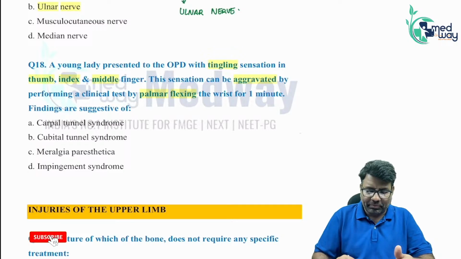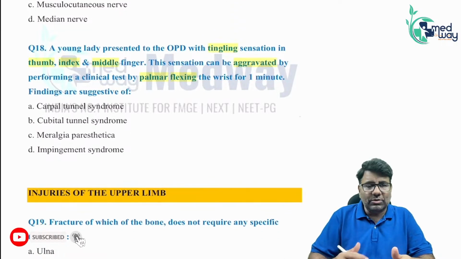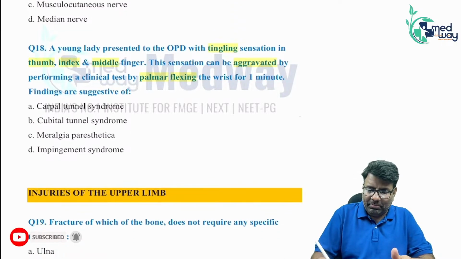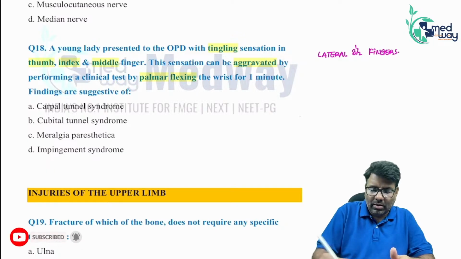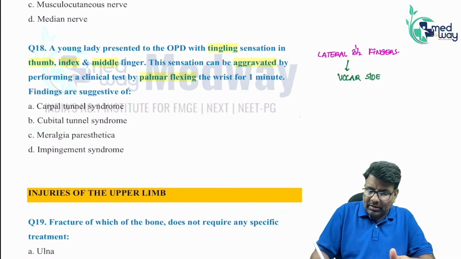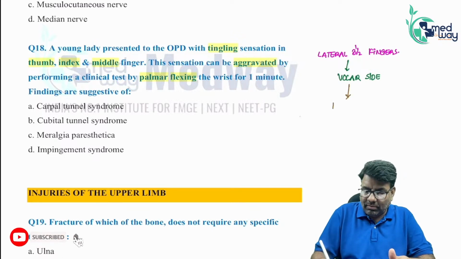the diagnosis here? For this we need to know the anatomy: the lateral 3.5 fingers, especially on the volar side, receive innervation from the median nerve.